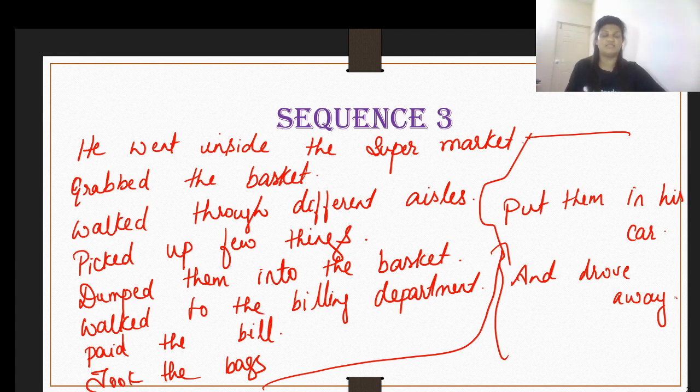Another sequence that has been narrated, another incident that has been narrated. He went inside the supermarket. He grabbed the basket. You don't really have to mention he everywhere. Not necessary, because the person that we are referring to is the same person. Therefore, he went inside the supermarket, grabbed the basket, walked through different aisles, picked up few things, dumped them into the basket, walked to the billing department, paid the bill, took the bags, put them in his car, and drove away.